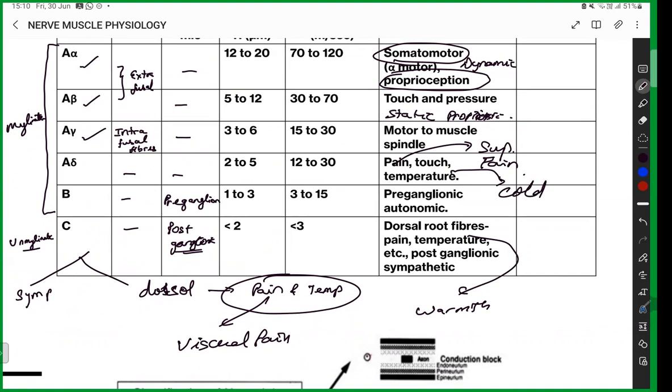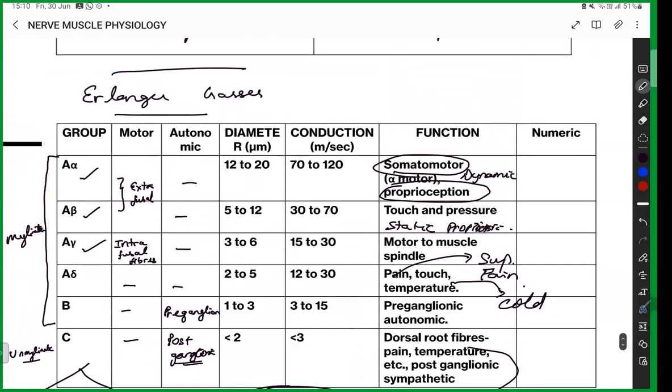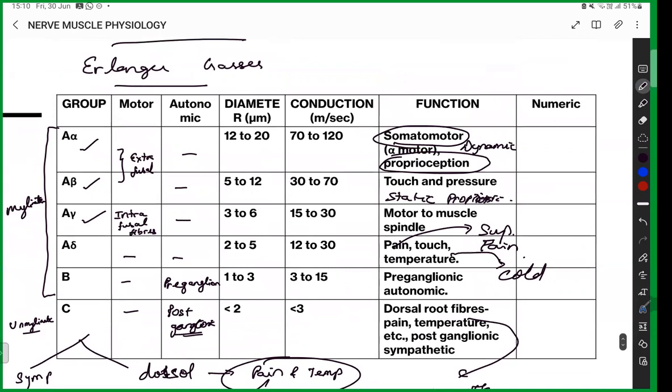So we have another classification, that is the numeric classification. Remember, in the numeric classification, A alpha is going to be 1A. A beta is going to be 1B as well as 2. A gamma is not considered.